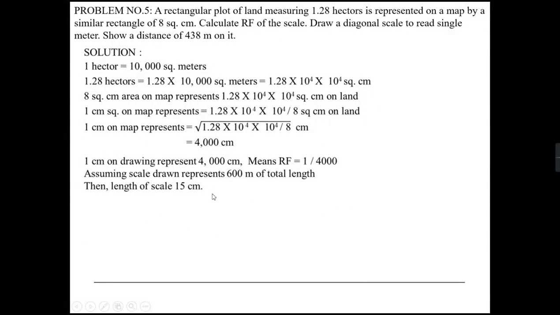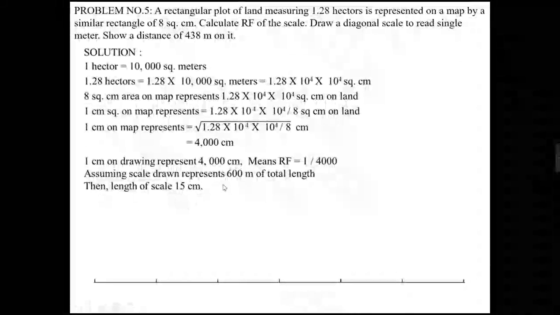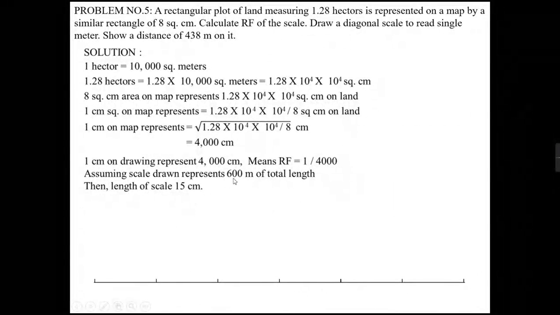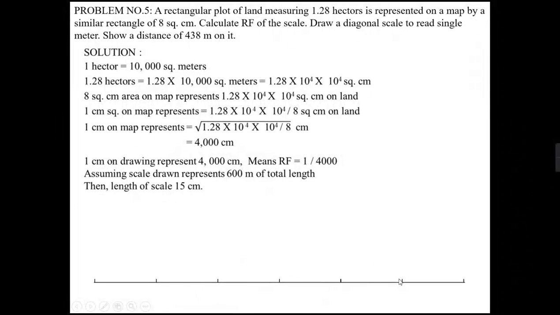So first we will draw the 15 centimeters long line. It is representing the 600 meters. I will divide this line into 6 equal parts, so that each part will represent 100 meters.